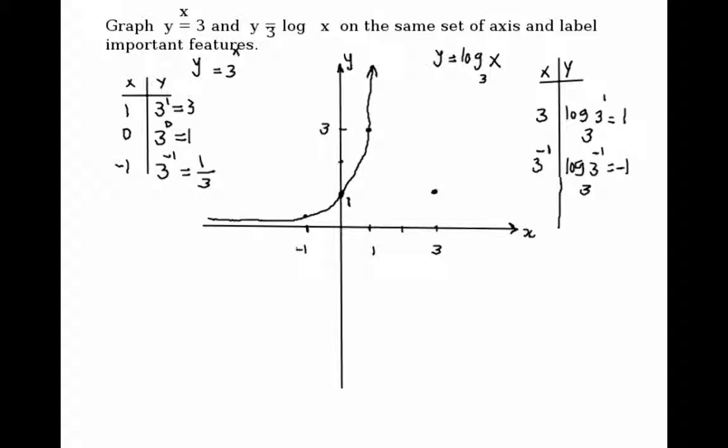Negative 1. So if x is equal to 1/3, this would be 1/2, this is 1, so 1/3 would be somewhere around here. y would be equal to minus 1. This is minus 1. So that would be somewhere around here, right?